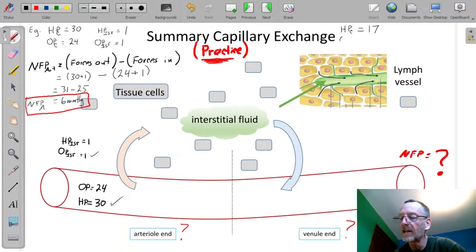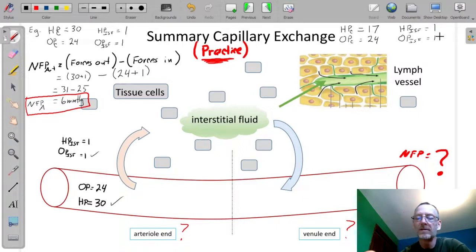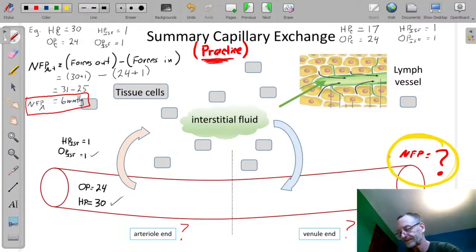And our osmotic pressure in the capillary should still be the same. So that's 24. And then the hydrostatic pressure in the interstitial fluid, so we'll do that fluid compartment now, is 1, same as it was before, and the osmotic pressure in the ISF also hasn't changed. It's 1. So then you calculate the net filtration pressure at the venule end of the capillary.